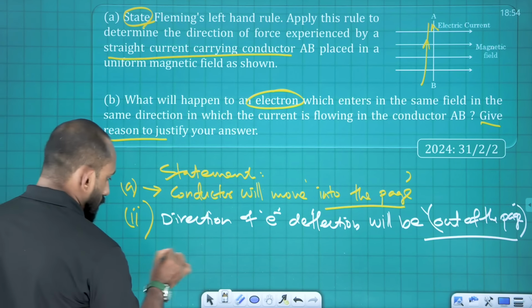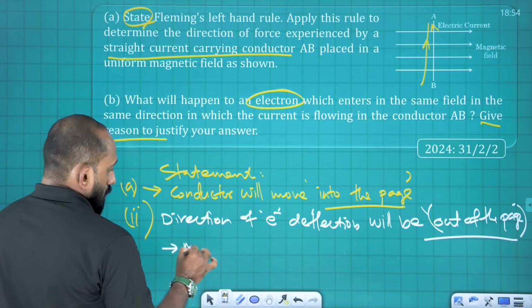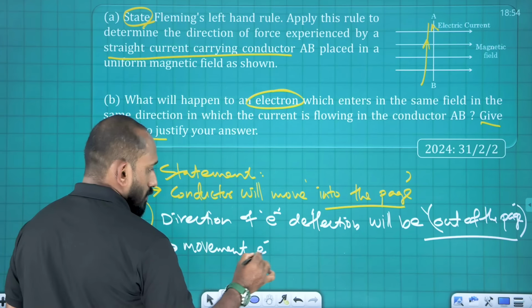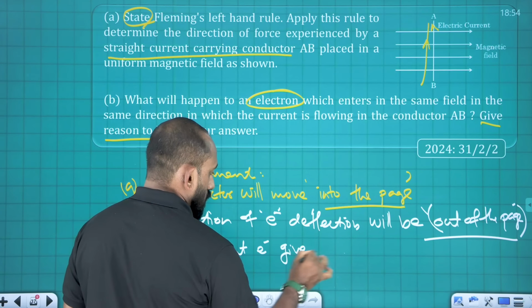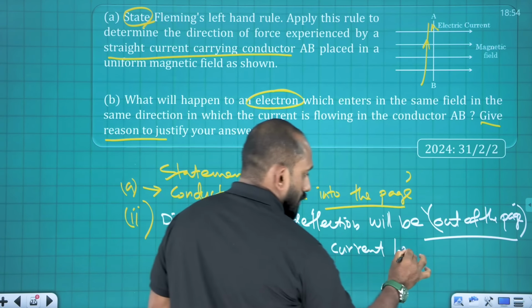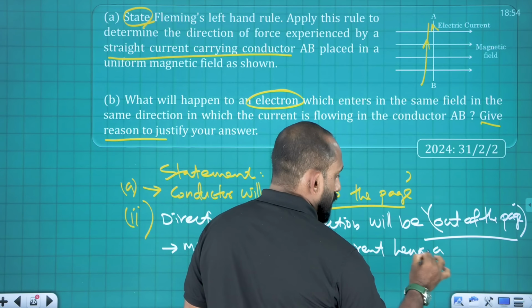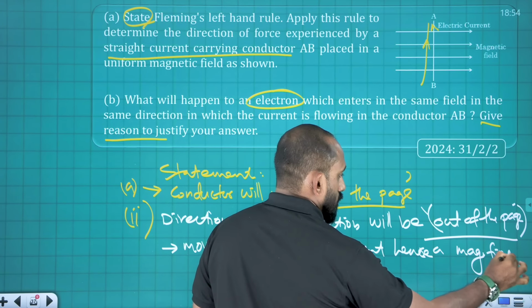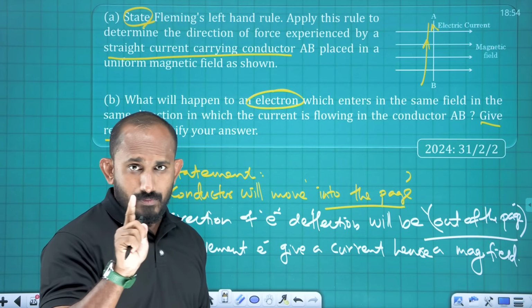Movement of electron gives a current, hence a magnetic field. That is one reason.